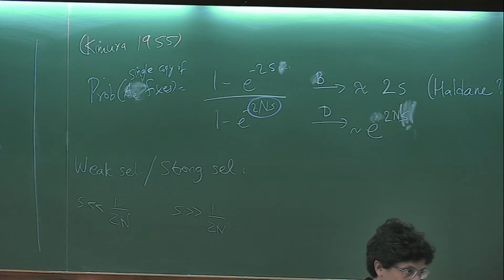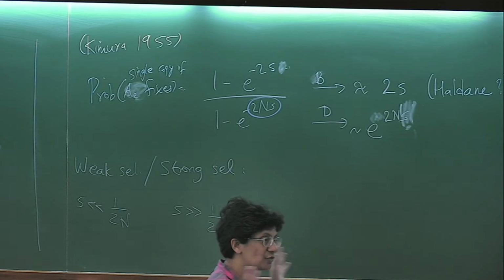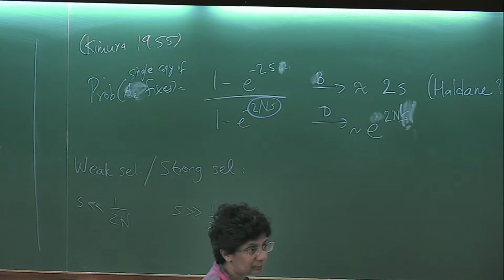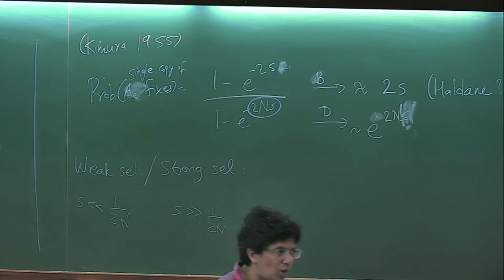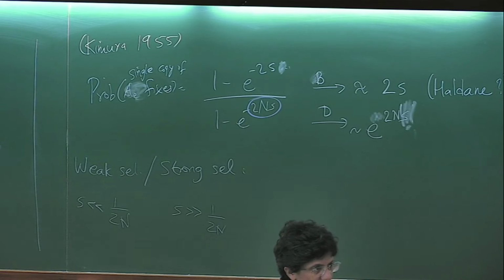What is the range that S can take? For the formalism, typically S is small, less than 1. But suppose I push S to infinity. In that case, the fixation probability of a positive mutation becomes 1. So your intuition that beneficial is good is right, but it has to be infinitely good to counter the effects of finite population.